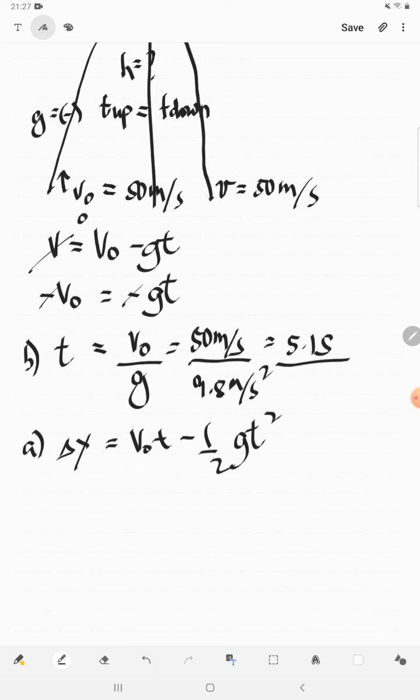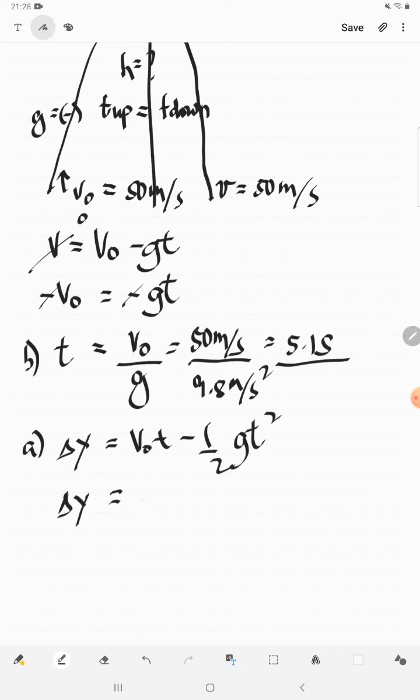We need to find delta y, the height of the body. You have to remember that we use negative because it is going up. You always put the negative sign, it indicates that the motion is upward.